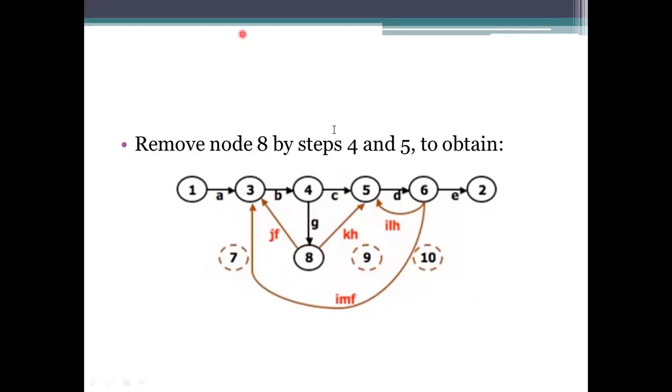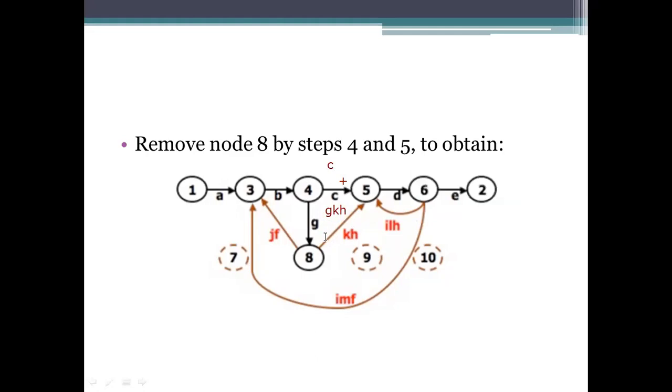If this one is removed, here we are having one path which is C. We are having another path from 4 to 5 which is using GKH. What we have to do? We need to mention this as a single path by using the path sum, C plus GKH.